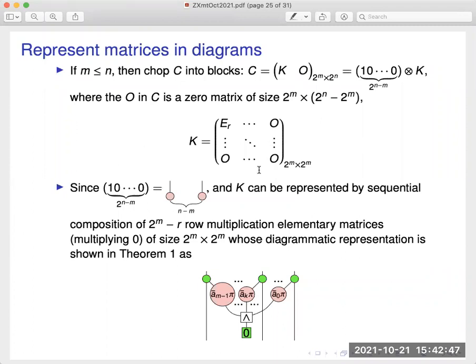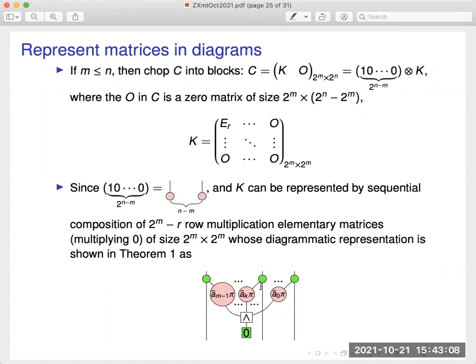So that means you can use multiplication by 0 on all the rows which have 0.